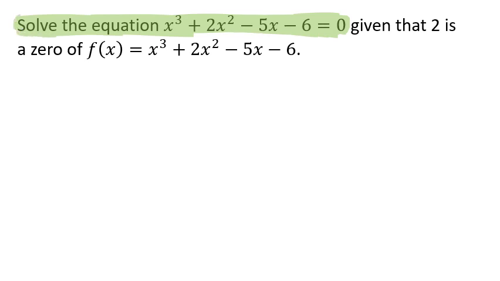But we were given an additional piece of information. Given that 2 is a 0 of f of x equals x to the third plus 2x to the second minus 5x minus 6.